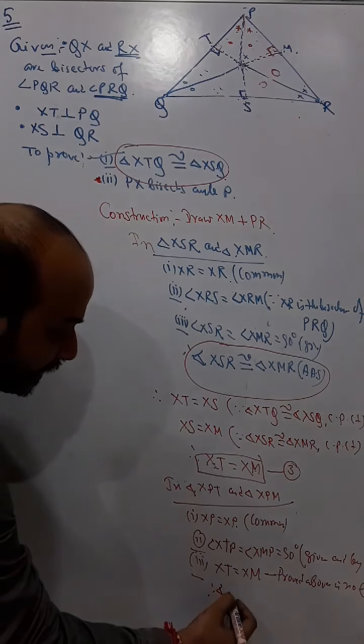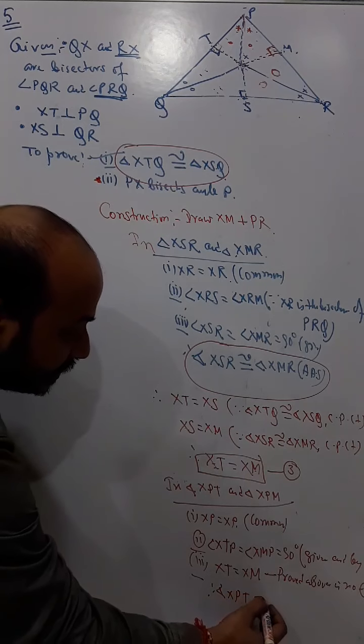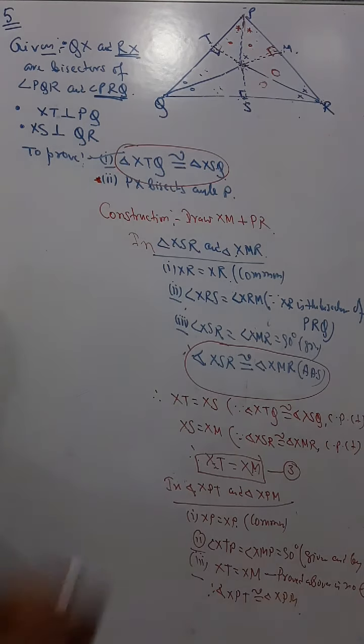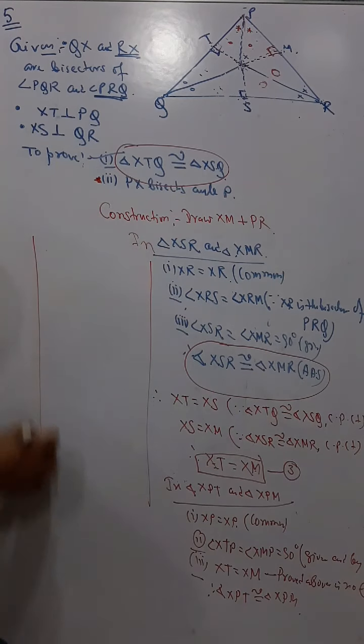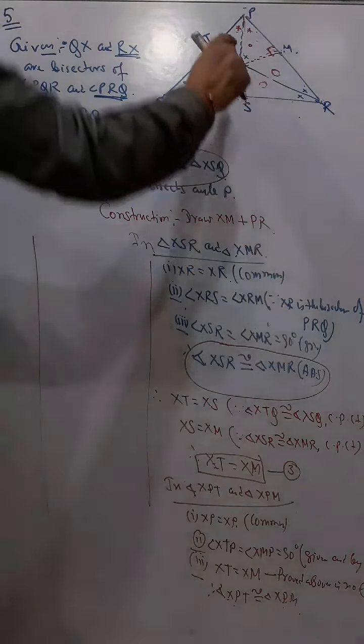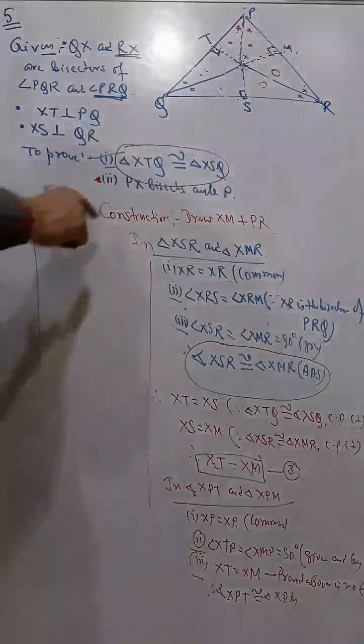Now we can say triangle XPT is congruent to triangle XPM. Okay, now see here. So this triangle is congruent to this, and what we have to prove?